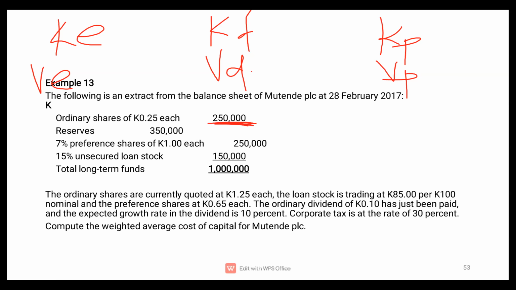You divide them by this value, 0.25, and that gives you how many ordinary shares? What's the market value of these shares? 250,000 ordinary shares divided by 0.25. What do you get as the value of the ordinary shares?